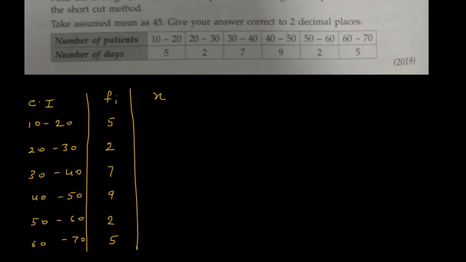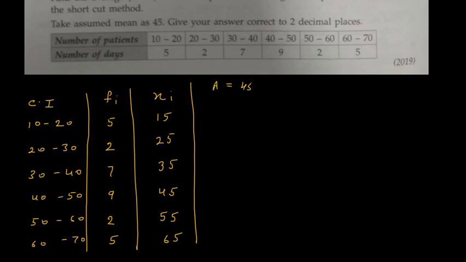Then we find the mean value xi. So it is 10 plus 20, 30, divided by 2, 15. Then it is 25, 35, 45, 55, 65. And after the mean, the assumed value, they ask me to use 45.